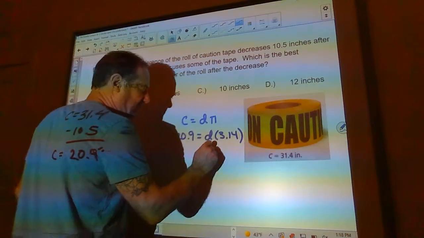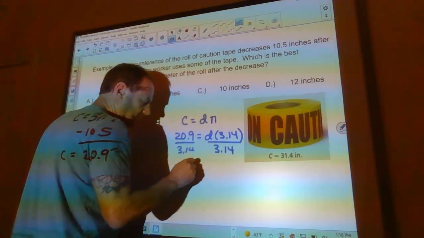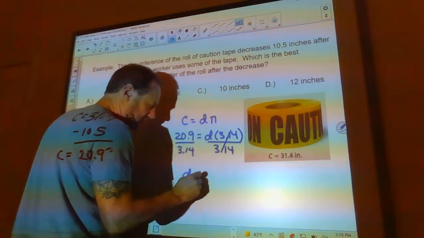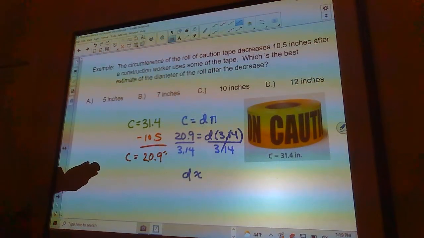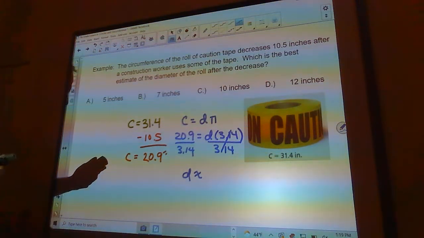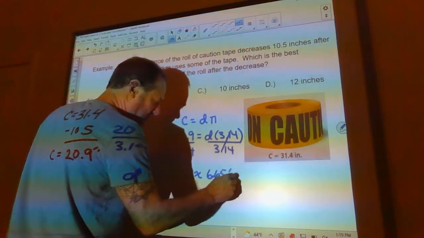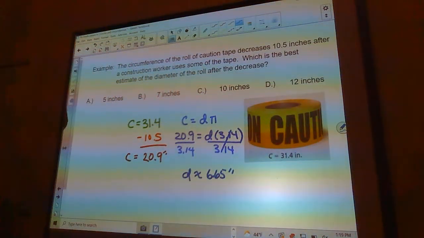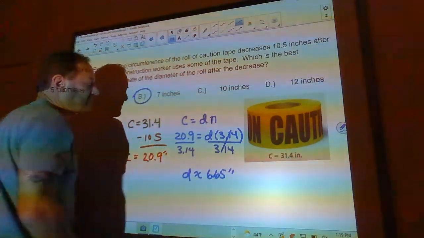So I would take this and I would divide this by 3.14 on both sides. And I get D is approximately, so 20.9 divided by 3.14, it's going to be 6.65 inches. So there's your best answer right there, 7 inches.